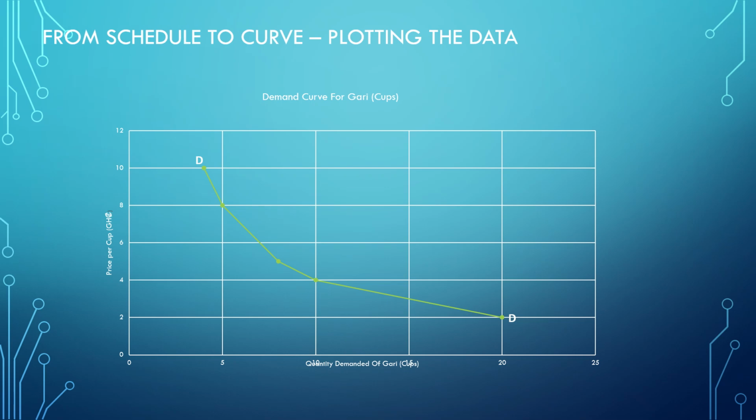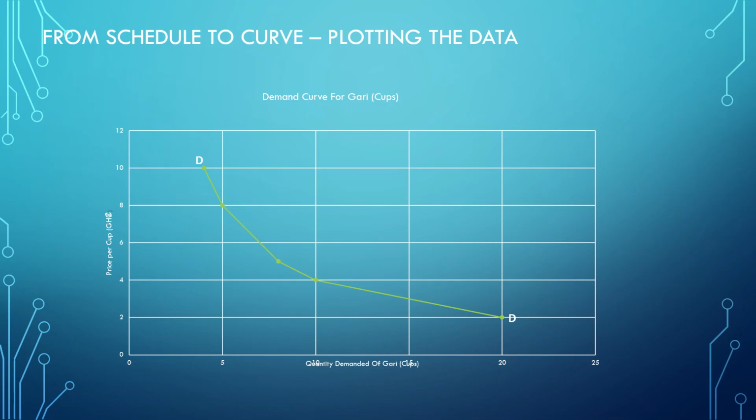Here is how we create it. On the vertical axis, the y-axis, we put the price in cedis. On the horizontal axis, the x-axis, we put the quantity demanded. We plot each price-quantity combination as a point. Then we connect the points to create a curve.